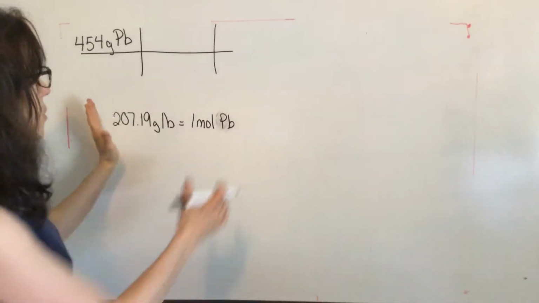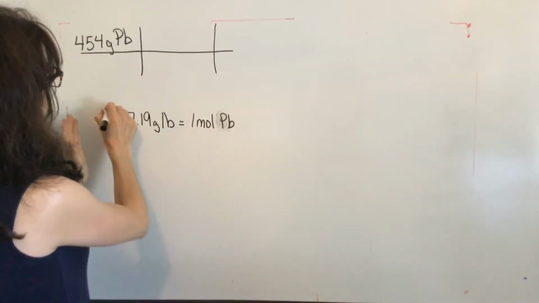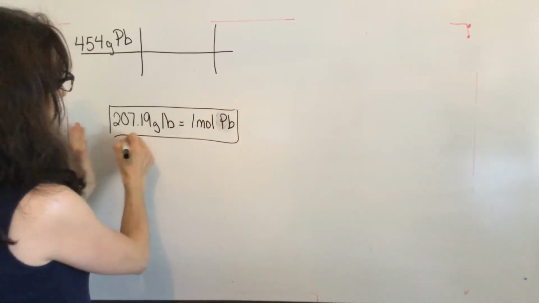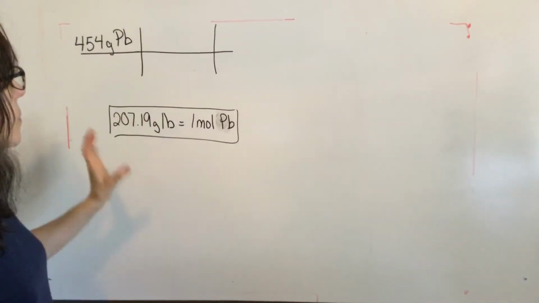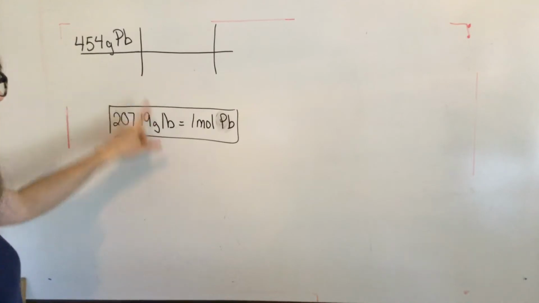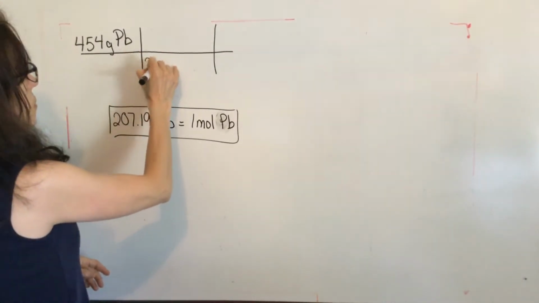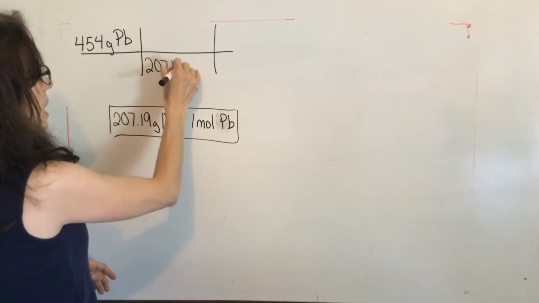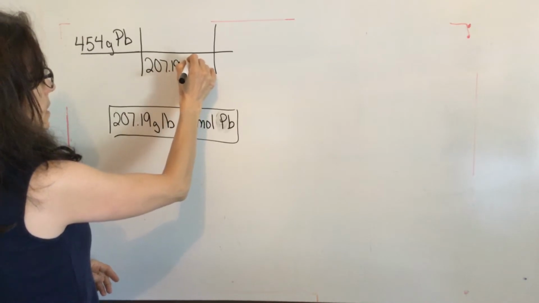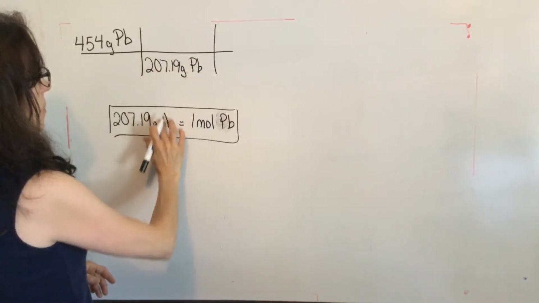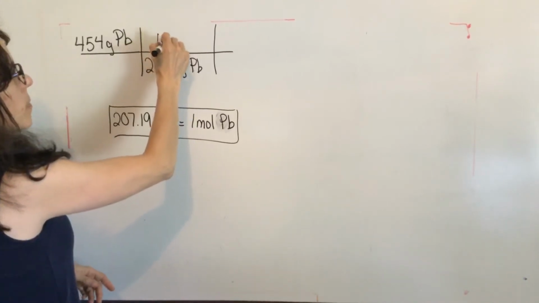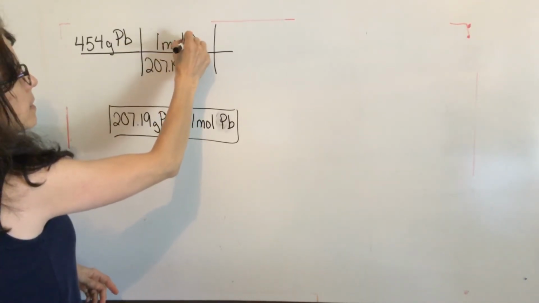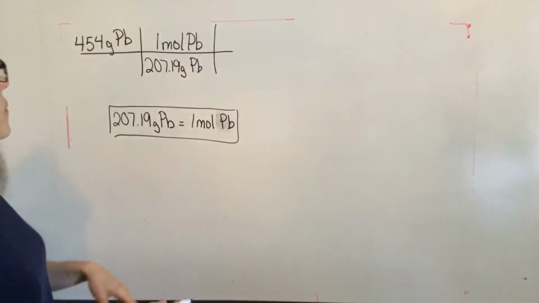So we want to use this. This is our conversion, quantities that are equal to each other. We want to change this to a factor. We want to use multiplication. So we want the grams to cancel out. 207.19 grams of lead, I don't know why I wrote pounds there, lead, is equivalent to 1 mole of lead. All right, so that's our conversion factor.